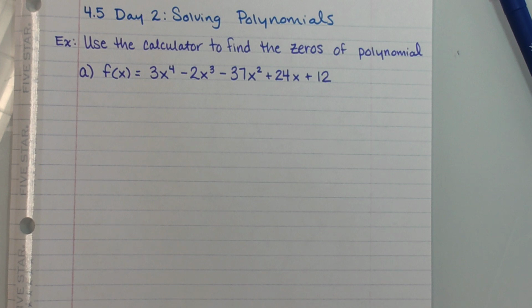Now factoring is still going to be your best bet if you can do it. It's going to give you the most accurate answers, and it's going to be a part of what we do today anyway. But if I look at this and try to think about factoring it, the greatest common factor is 1.